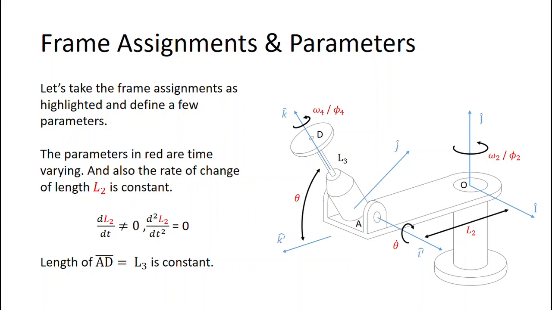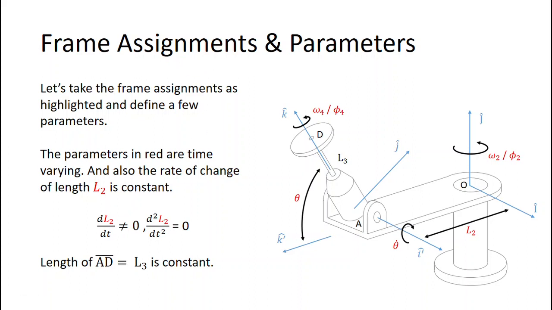Then we have a displacement along the length L2 along the capital K direction to end up at frame A. Again, these two frames are parallel because this is just a displacement, and that L2 is a time varying length. So the derivative of L2 is constant, whereas the second derivative of L2 is 0.